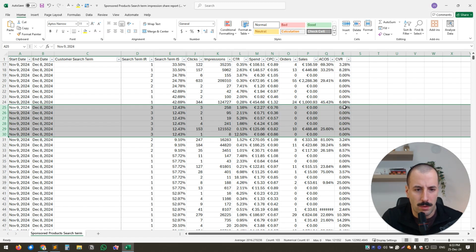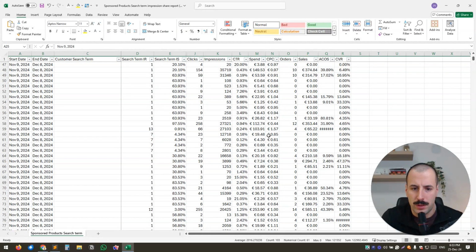For most of these, we're actually not converting, but it's really low spend, just a few clicks. This is the only campaign that actually drives a meaningful amount of traffic. So 10 orders, decent ACoS, not so good conversion rate, but for this account, that's pretty good.